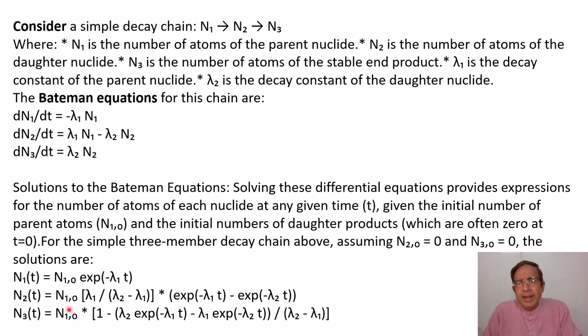At what time t do we have the maximum number of n2? You just differentiate n2(t) with respect to t, the first differential of n2 with respect to time, and equate it to 0, and you will get the point at which you will get the maximum number of n2. So this I leave you as an exercise to do.